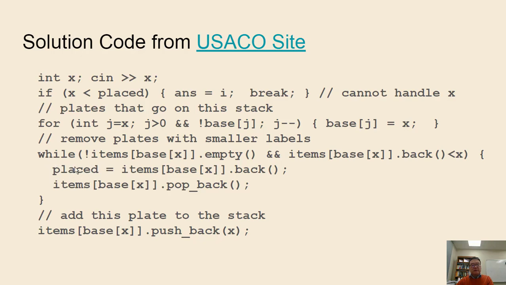It just takes this. But when it takes something, it will compute this place. This place will remember the maximum value that has been taken. So what happens if we get a new element that should go into one of the earlier stacks instead of this one? That will be caught here, because that element must be less than place, so we already know it cannot be handled.